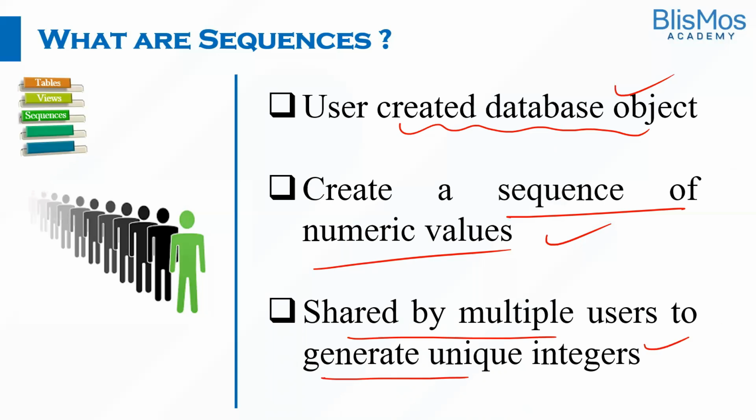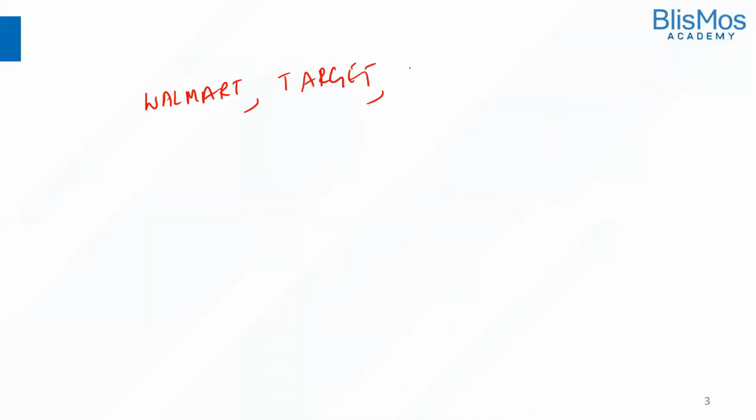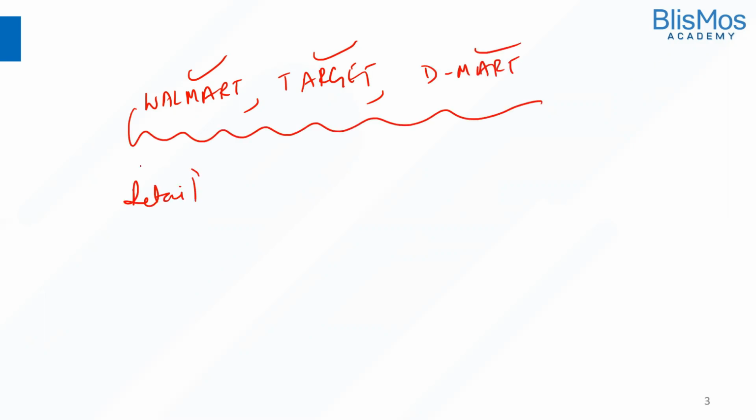What is the need of having a sequence? Let us take an example here. Assume that you went to Walmart or Target or DMart to purchase a product. We know that all the retail transactions are stored as part of the database, isn't it?